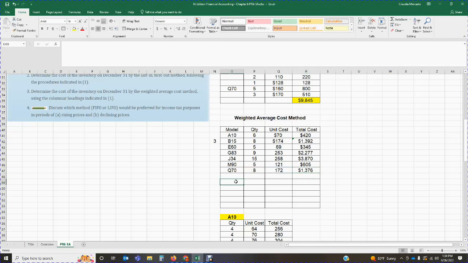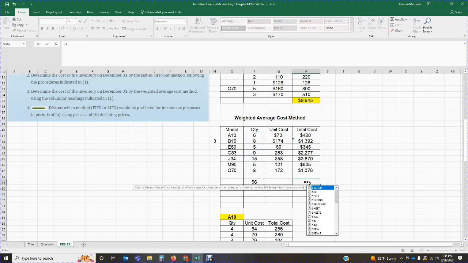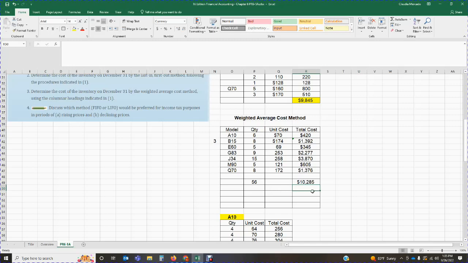Once you're done, you can add your quantity and your total cost. So then at the end, using the weighted average cost method, we have 56 units valued at 10,285. That is what we have.